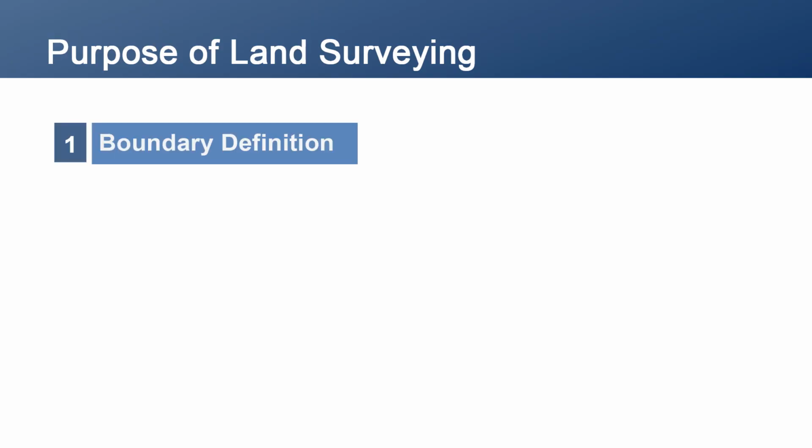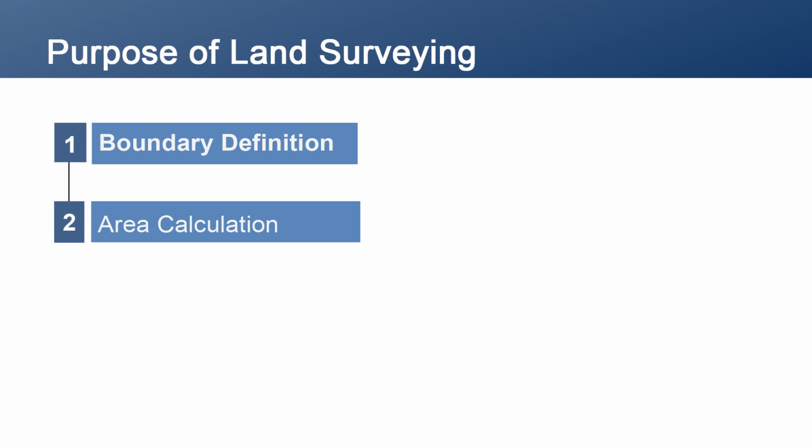So, here is a question for you. Why do we need land surveying in the first place? Well, there are several key reasons. First, land surveys help to define the exact boundaries of a plot of land. Think of it like marking the edges of your property, so you know exactly where it begins and ends.